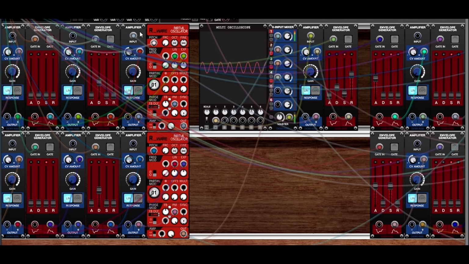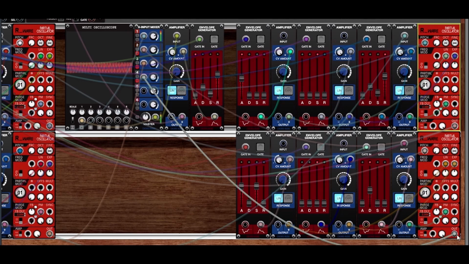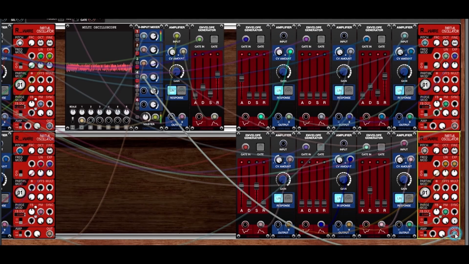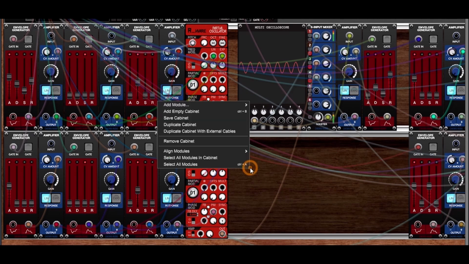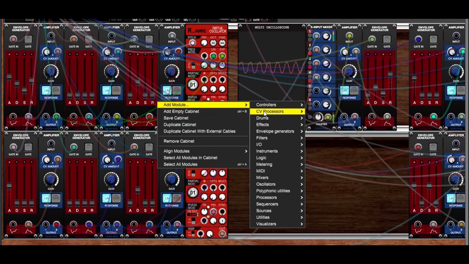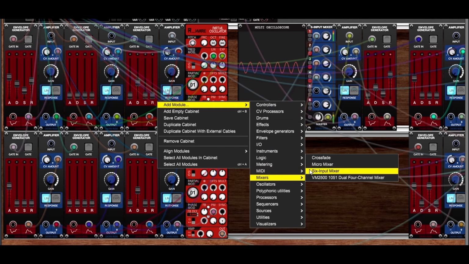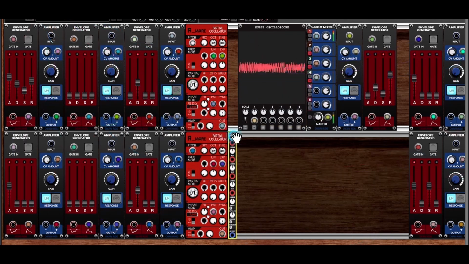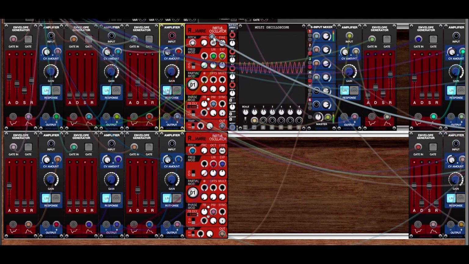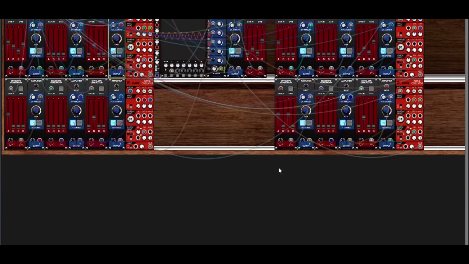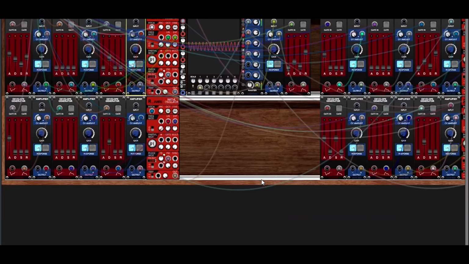Now I patch the output of operator 4 to the phase modulation input of operator 1. Let me scroll to operator 4. And I see, let me show you, that I'm missing something. I need an input mixer now. So let me use the micro mixer. Here it is, the micro mixer. We'll set it in, and let me use the 2 mixer channels.